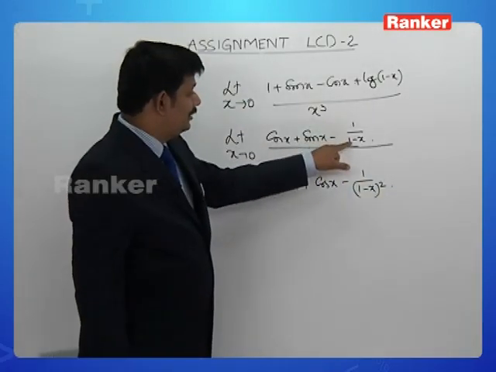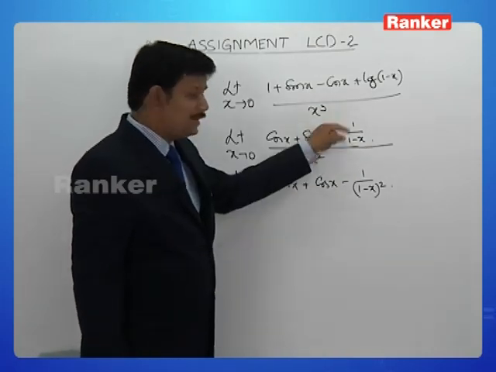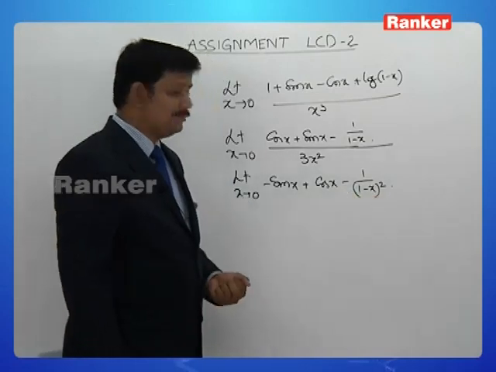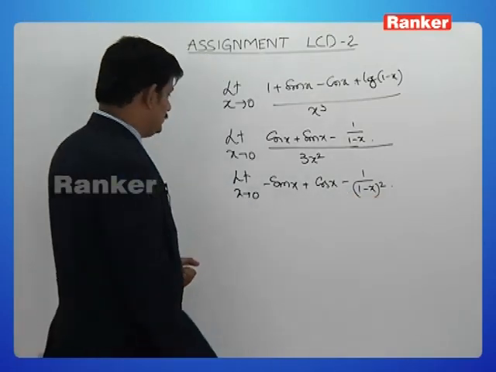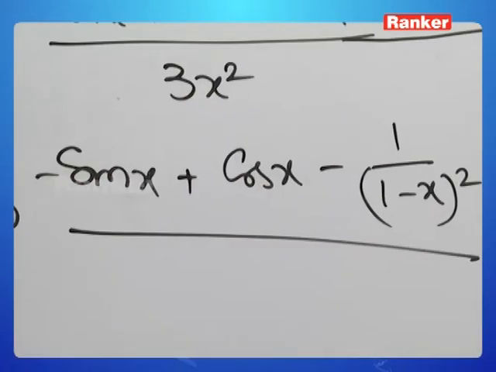Derivative of 1 by 1 minus x is minus 1 by (1 minus x) whole square into minus 1, which makes it 1 by (1 minus x) whole square, divided by denominator derivative, 6x.